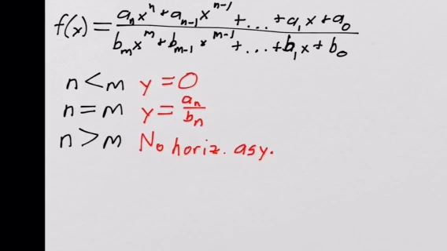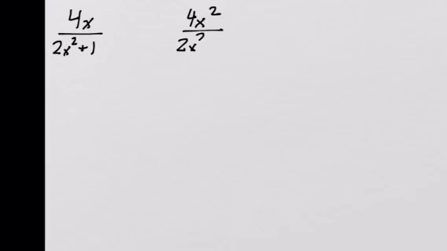So, we can take a look at a few examples here. You'll note that these are related. 4x over 2x squared plus 1. 4x squared over 2x squared plus 1.